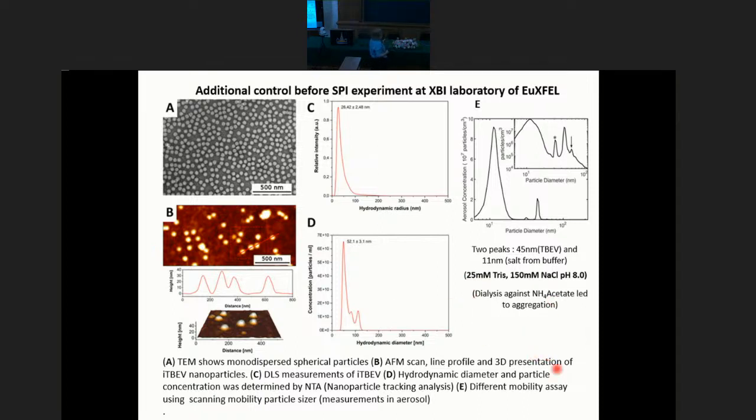Usually during SPI experiments, researchers prefer a volatile buffer like ammonium acetate. But when we tried to dialyze our sample, which was in nitrate buffer with a bit of sodium chloride, it led to aggregation, and we decided to perform the experiment just in the buffer which was used for purification in the last step. So it was performed in Tris and 150 millimolar sodium chloride.